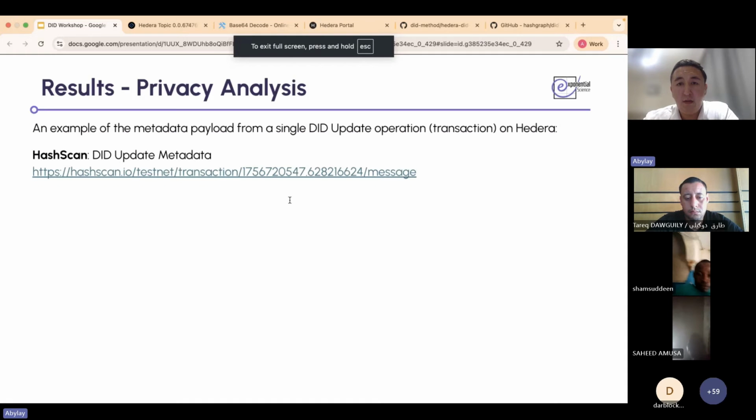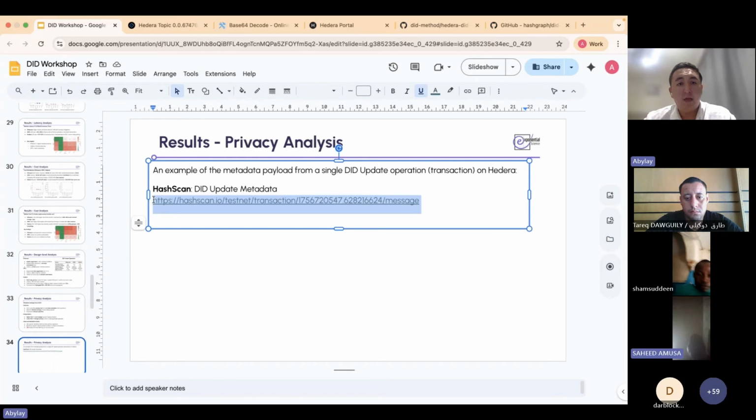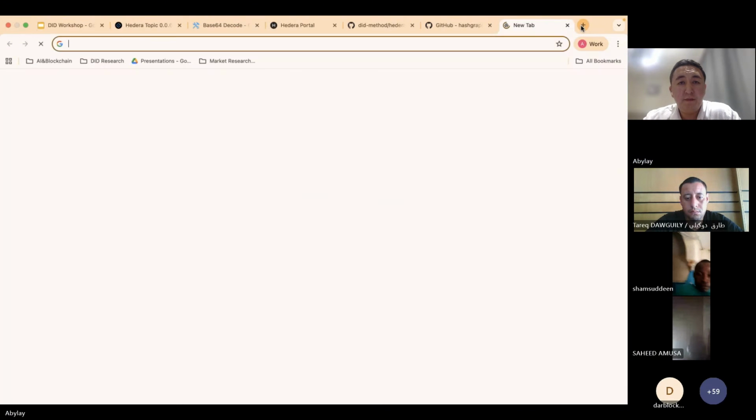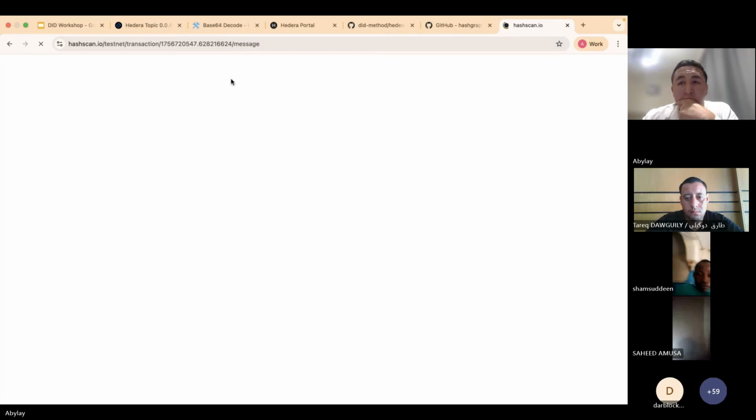One second. So for example, this is an example of a Hedera DID transaction from HashScan. Oh, sorry, it's not working. Why? Okay, I hope it works. Yeah, it's here.